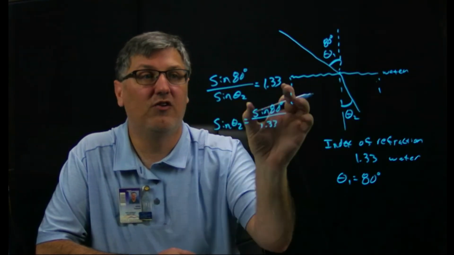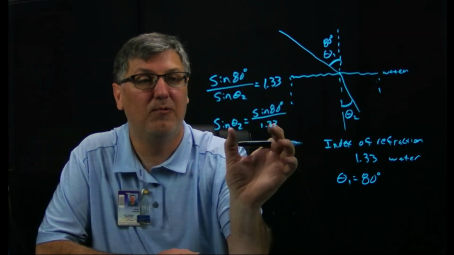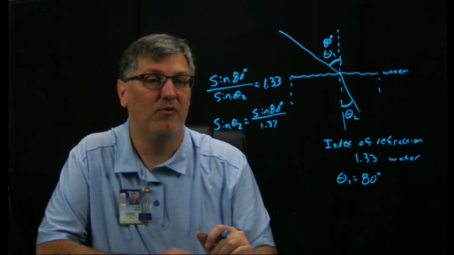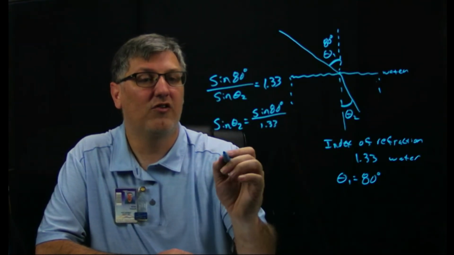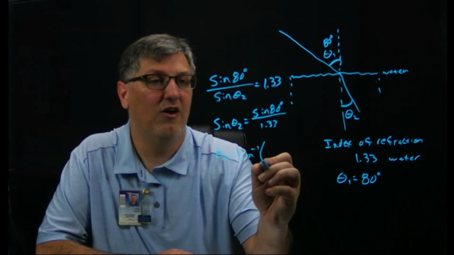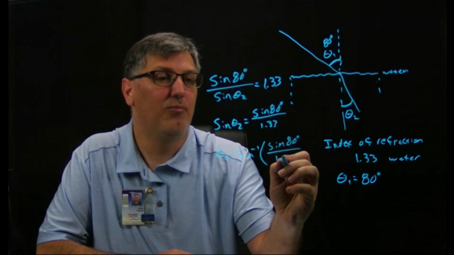I swapped these and then used the property of equality by flipping it around because I like having my unknown on the left side. That's just my preference. Here I take the arc sine and say theta sub 2 equals arc sine of 80 degrees over 1.33.